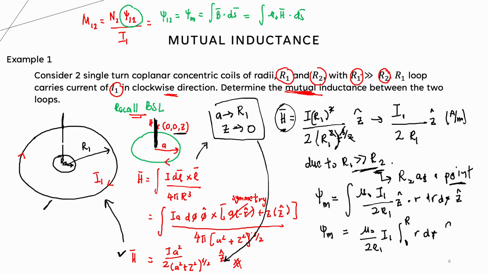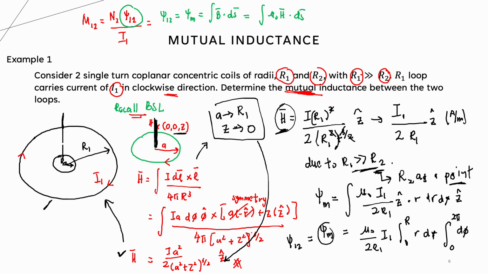Then we have d phi, no problem, the limit is 0 until 2 pi. So where is our limit of r, 0 until R or 0 until R2? Although we just assume R2 as a point, which will not affect our H, the flux that is produced now is the mutual flux, flux 1, 2.